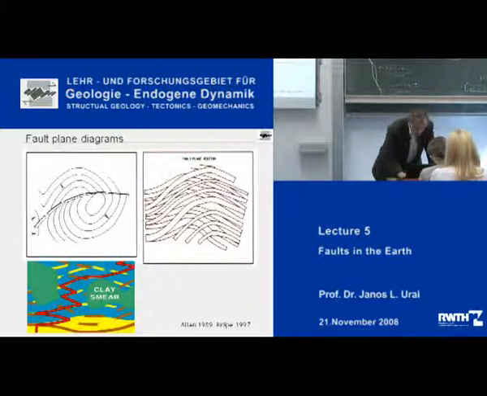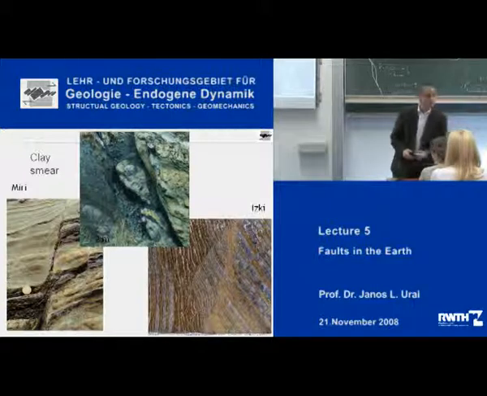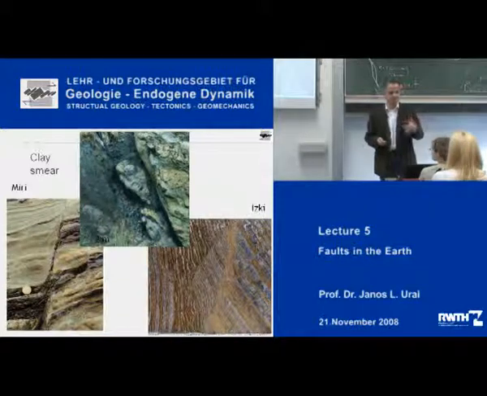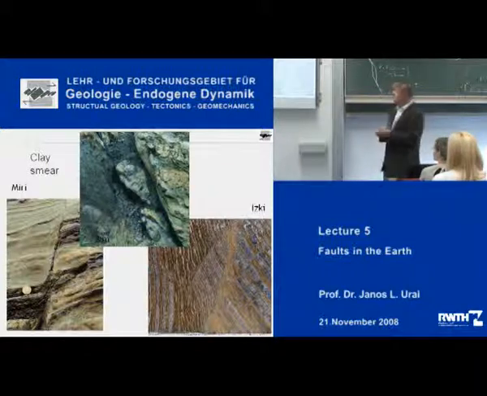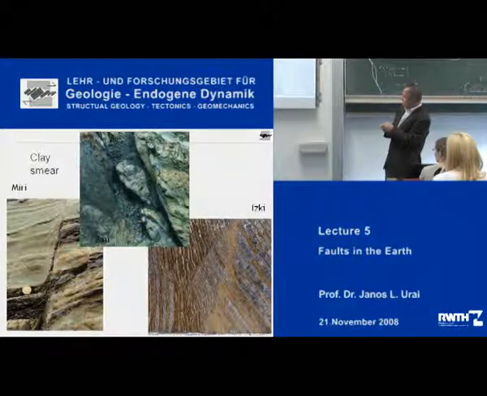So what do we have to think about these fault planes? Well, here are a few examples. These are photographs which I took of faults in sand-clay sequences. So the clay is impermeable and the sand is quite permeable. And here you see a clay layer going into the fault, going up and coming out again.